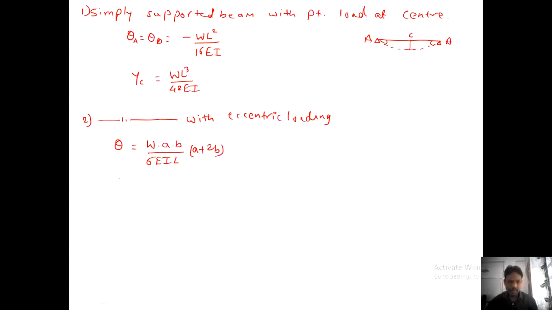This is the slope, and the deflection Y is given as minus WA square B square by 3 EIL.